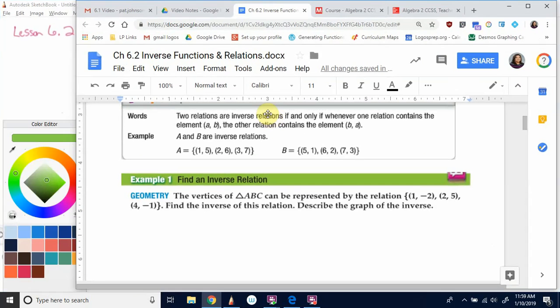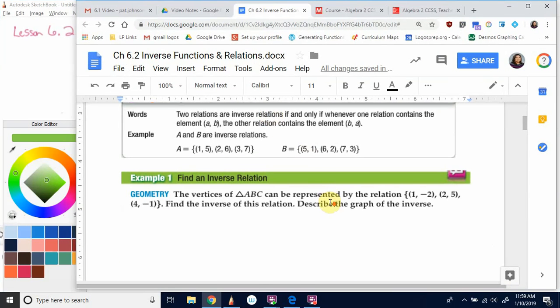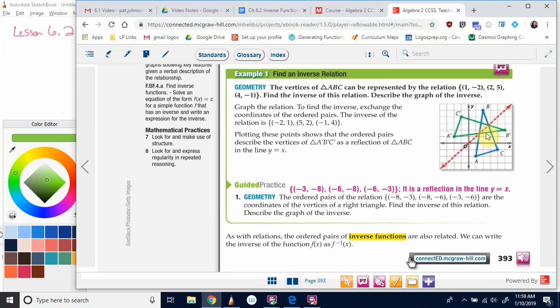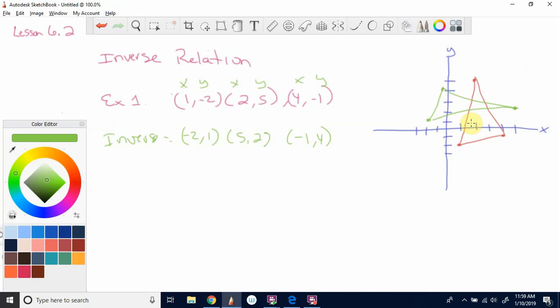So you have the inverse of this relation. I don't know what's going on with my computer. So if we look at it here, there's the inverse. And it reflects, they don't tell you this, I don't think they tell you in the book, but it reflects over the line y equals x.